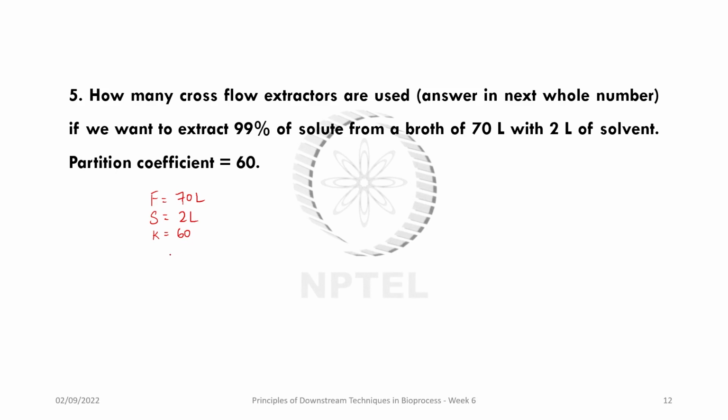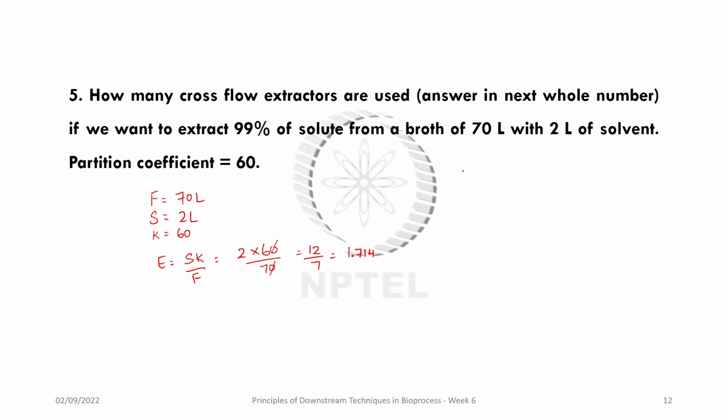Okay, so what is the formula? E is equal to SK by F, equal to 2 into 60 divided by 70. That's 12 by 7, which equals 1.714. I'm rounding it to 3 decimals.